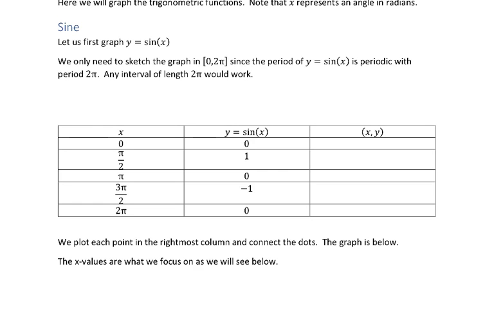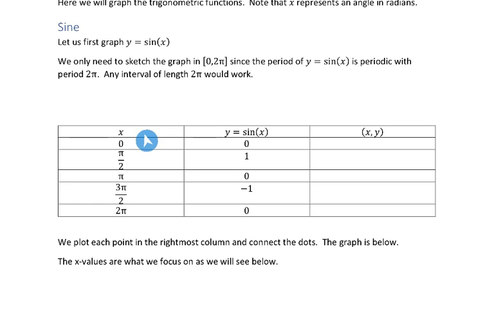So it's really enough to know what's happening in any interval of length 2 pi. We're going to focus on this interval from 0 to 2 pi. So once we know what the sine graph looks like for x in this interval, then we're good. But again, any interval of length 2 pi would work.